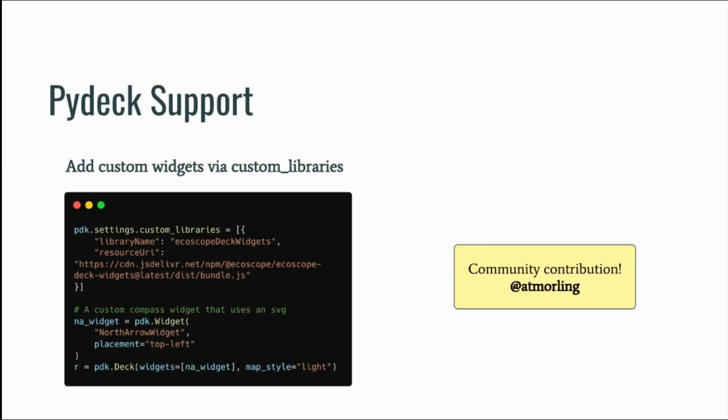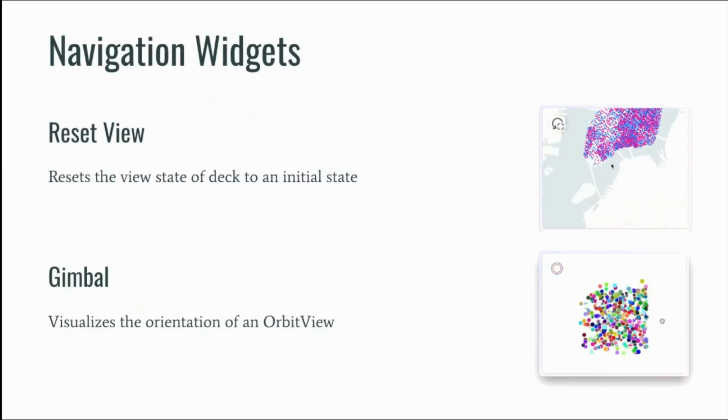So we put extra effort into it, and we have a great community contribution to also allow custom widget libraries to be added. And now you can see in this, you basically just create pdk.widget, and then you do pdk.deck and add the widget prop there, just as in the JavaScript version. Now you get a nice button on your visualization.